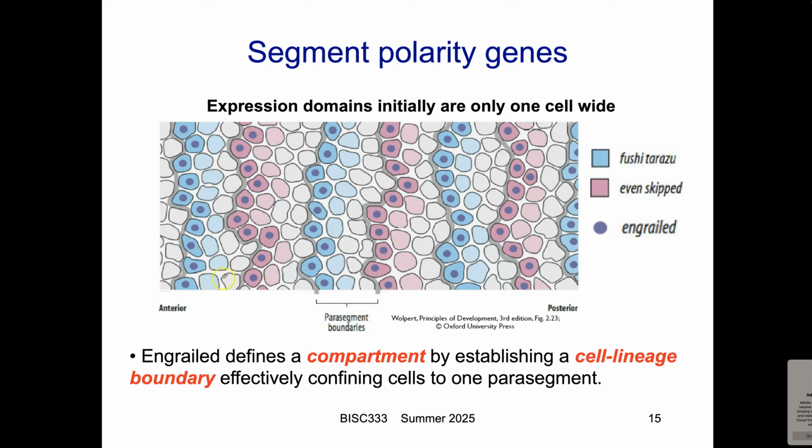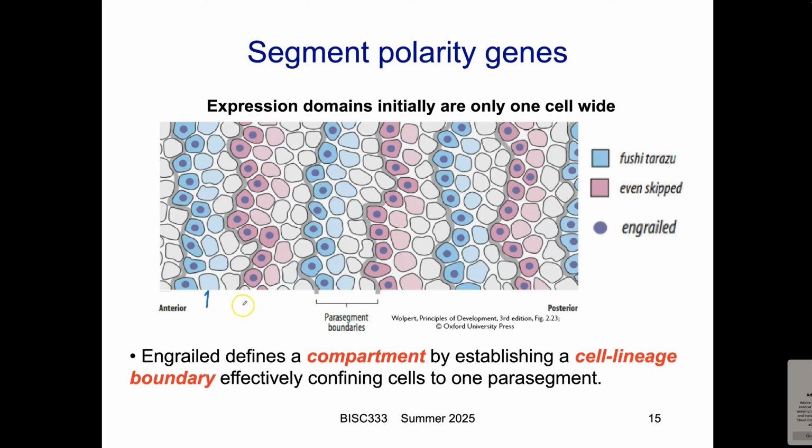As the cells start to divide and the segments get a little bit wider, they will sometimes extend to other cells a little further back, but they begin just being one cell width. And engrailed is really important in setting up the parasegments.